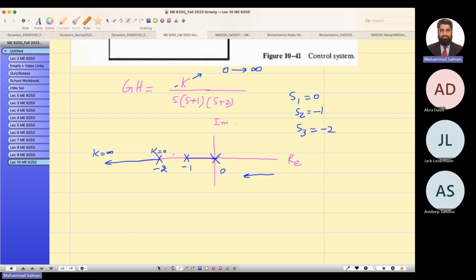Suppose the root locus will look like this. If they enter the right half plane, at a certain gain, suppose gain is 50 over here, the system will become unstable. It will oscillate so harmonically so fast that it will break the spring or damper. It will become unstable.